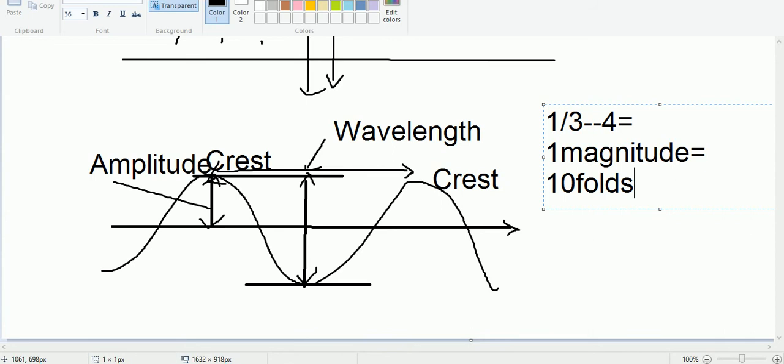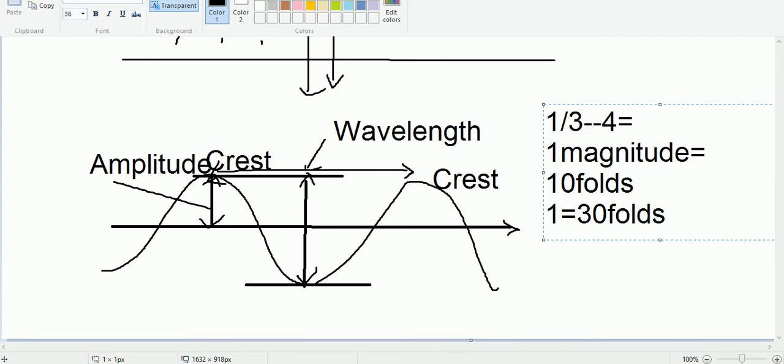And for the release of energy, an increase of 1 magnitude is equal to an increase of 30 folds in the amount of energy released.